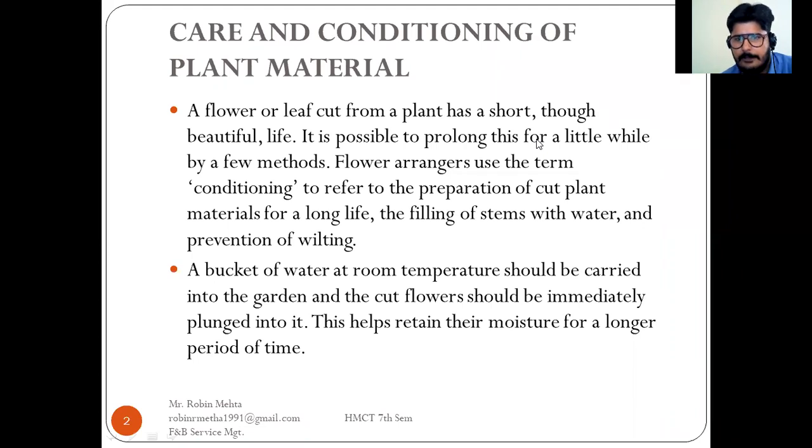So in the first point, a flower or a leaf cut from a plant, whenever we cut a leaf or a flower from the plant or from the garden where it actually grew or was harvested, has a very short life, though a beautiful life.